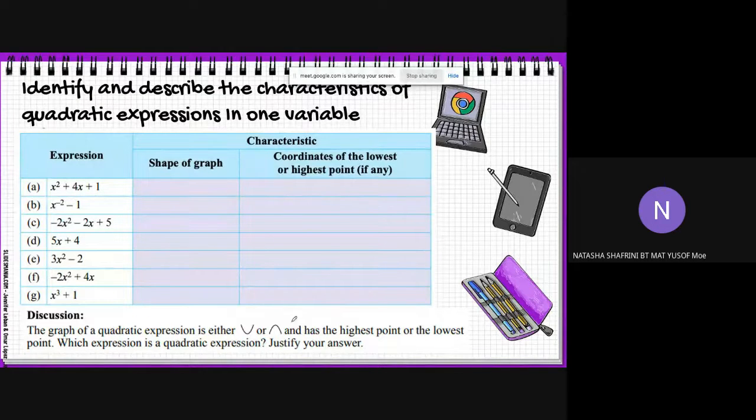Dah? Dah siap salin? Okay, dah siap bagi tahu.